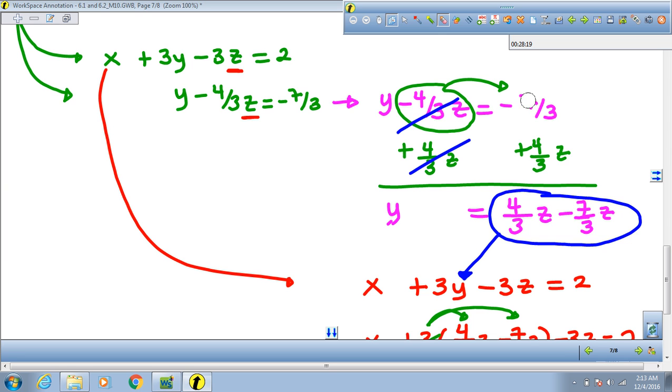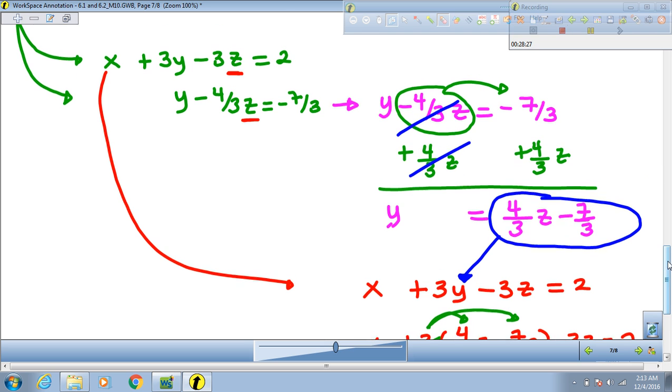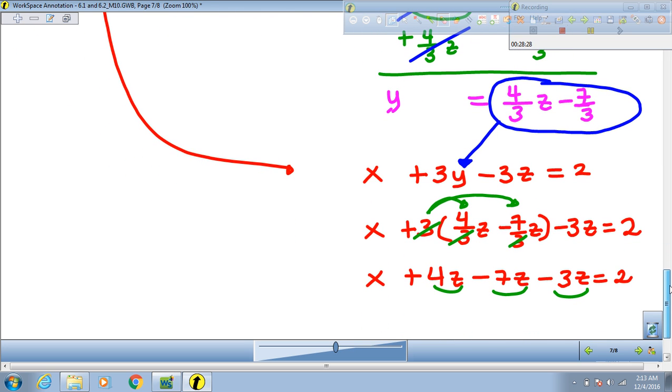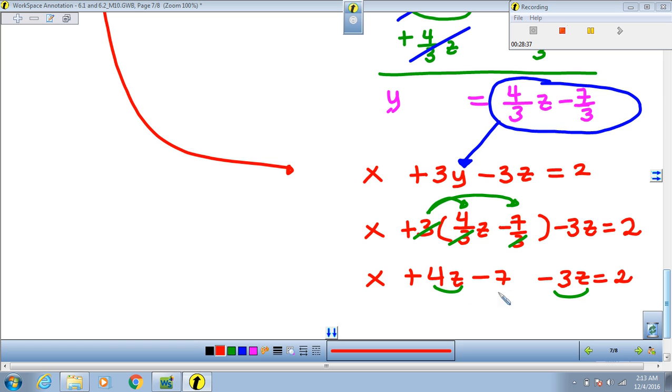This negative 7 over 3 does not have a z, and I put a z by mistake. So this negative 7 over 3z should not be here. This one should not be here, so this is not a like term with the ones that have z's, only those two. So x, 4z minus 3z is plus 1z minus 7 equals 2.